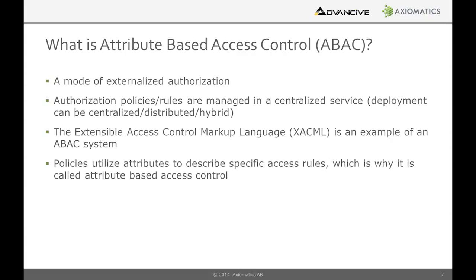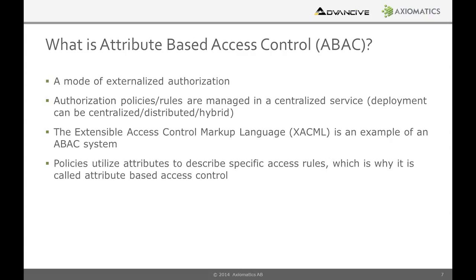Many different programming frameworks, many commercial applications do achieve externalized authorization by storing configuration in a table in a database or other means. However, externalized authorization was never standardized. It was never centralized in one single place, which meant that you would reinvent the wheel with each and every application.